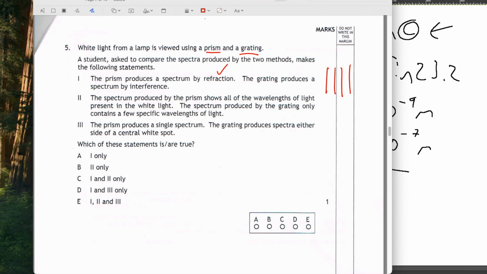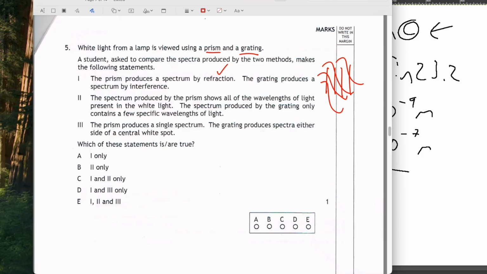A grating is slits, and you've got waves going through the slits, interfering with each other and spreading out the wavelengths, because, as we remember, in diffraction, waves with longer wavelength diffract more.